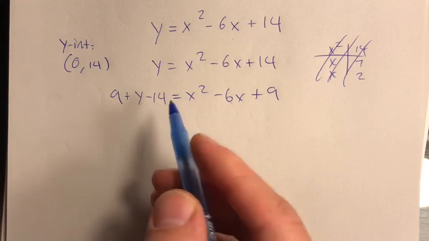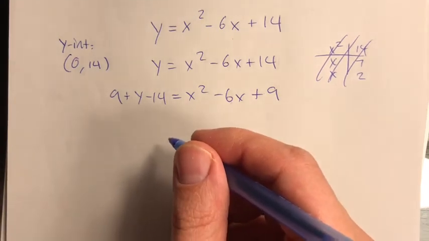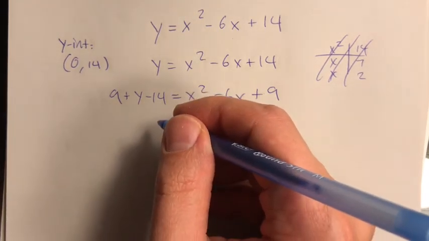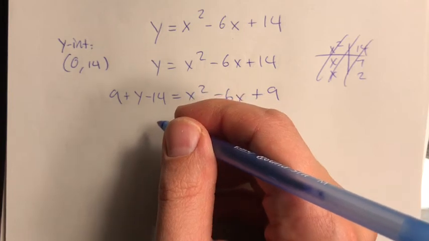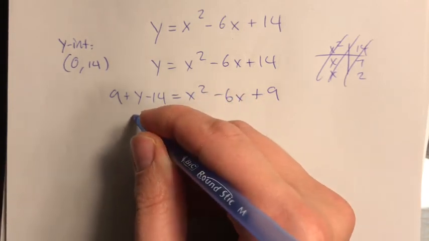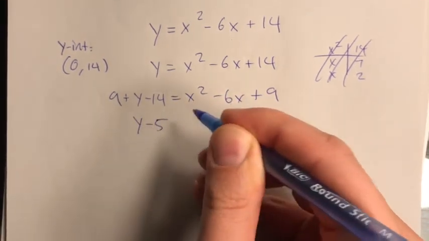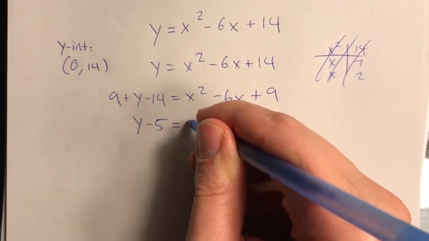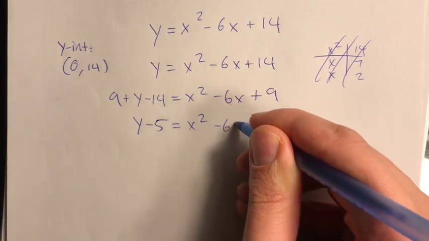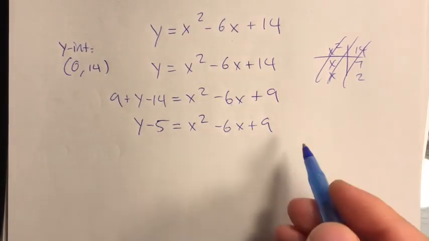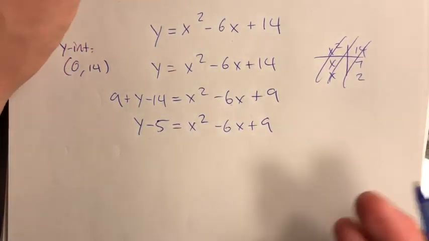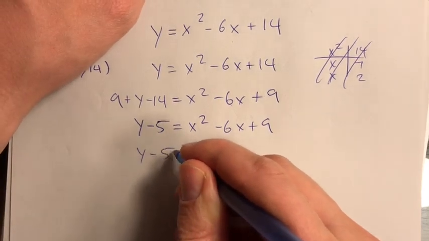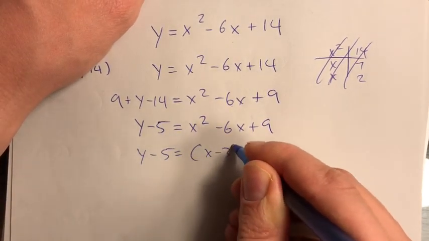So first off, 9 minus 14 is going to be, what was that, y minus 5? Yeah, that sounds about right. Equals x squared minus 6x plus 9. Now this, again, factors because it's a perfect square: x minus 3, x minus 3.